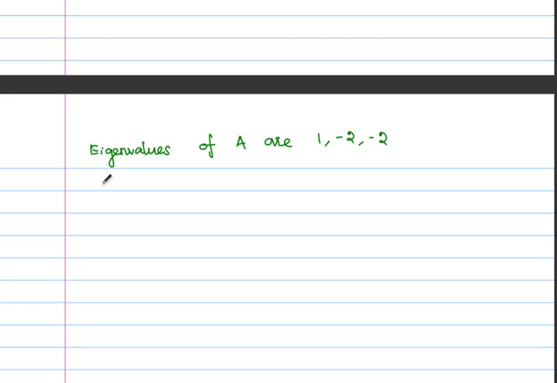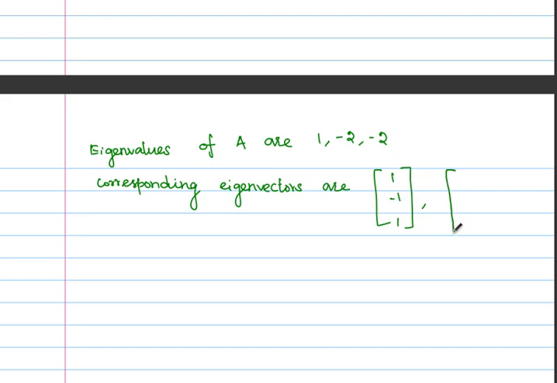The corresponding eigenvectors are 1, minus 1, 1 for eigenvalue 1. For minus 2, it is minus 1, 1, 0, and also another for minus 2, minus 1, 0, 1.